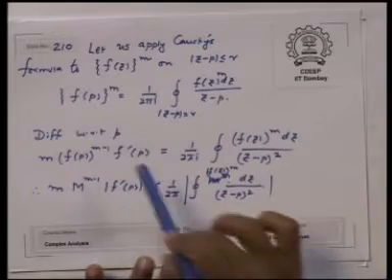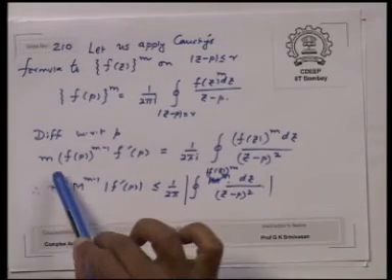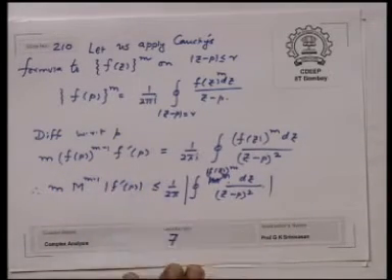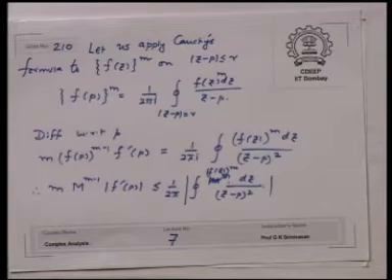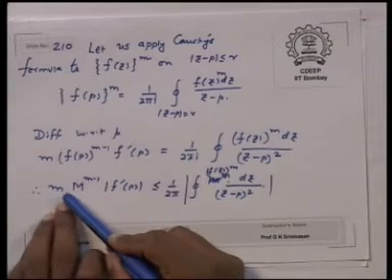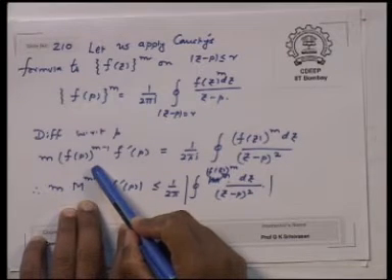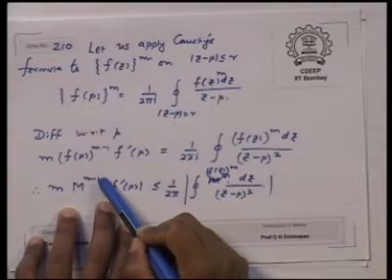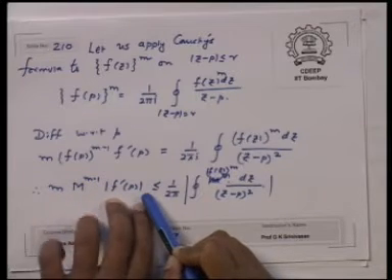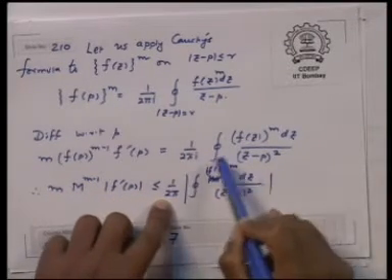So differentiate with respect to p, and then you get m f(p) to the power m minus 1 f prime of p equal to 1 over 2 pi i times this. And now take absolute values. Your m into mod of f(p) is the maximum, M to the power m minus 1 into mod f prime of p is less than or equal to, parameterize.